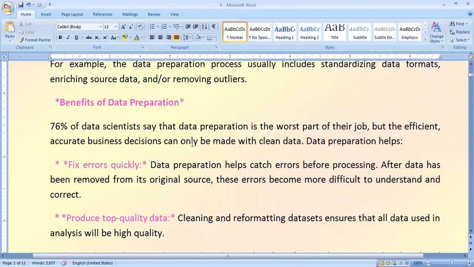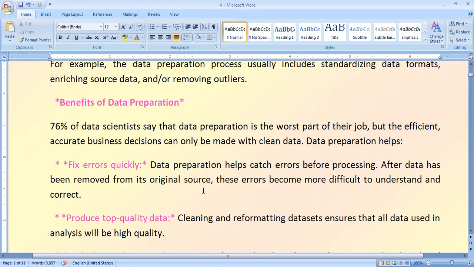Benefits of data preparation. 76% of data scientists say that data preparation is the worst part of their job, but efficient and accurate business decisions can only be made with clean data. Data preparation helps fix errors quickly. It helps catch errors before processing.